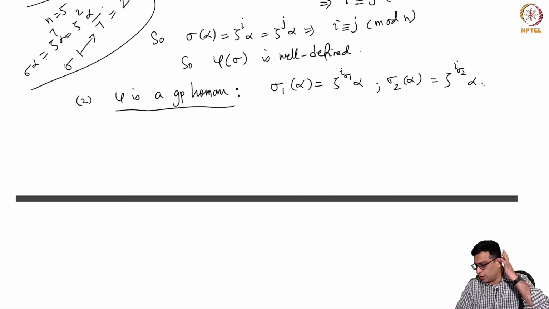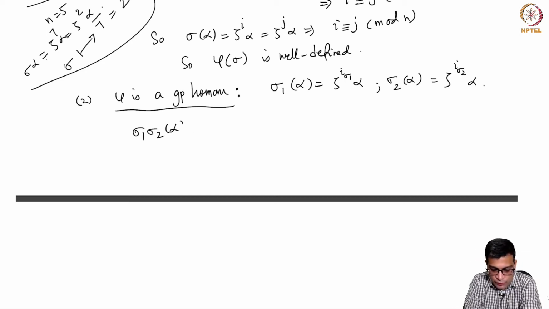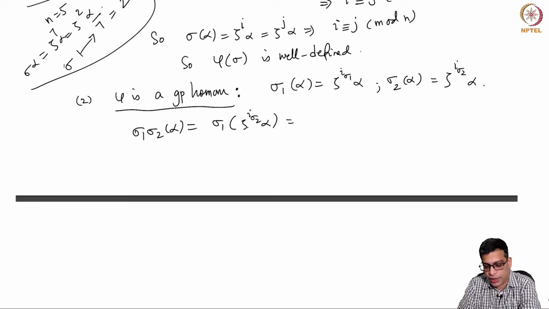Okay. So, then what is sigma 1 sigma 2 of alpha? Sigma 1 sigma 2 of alpha, by composition, right. So, this is zeta power I sigma 2 alpha, then you apply sigma 1 to this. Zeta power I sigma 2 is a constant, because that is in the base field.